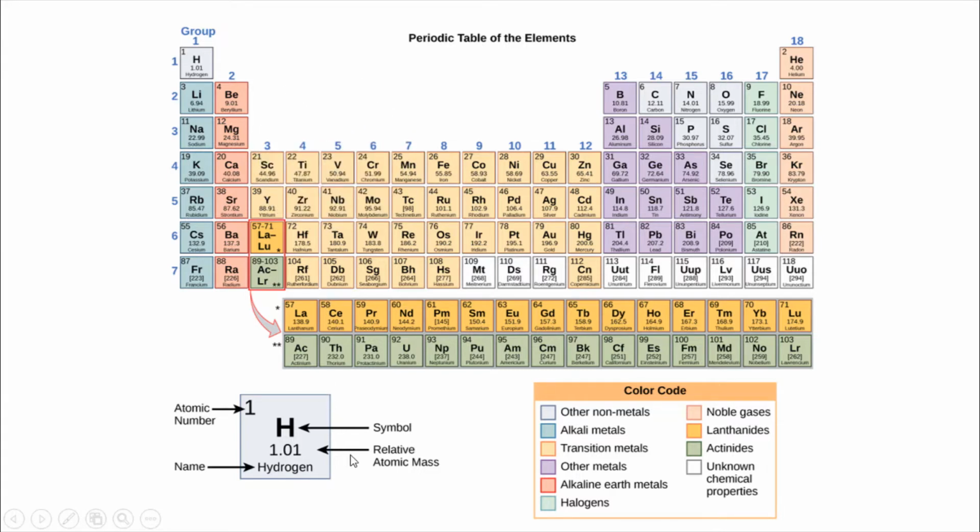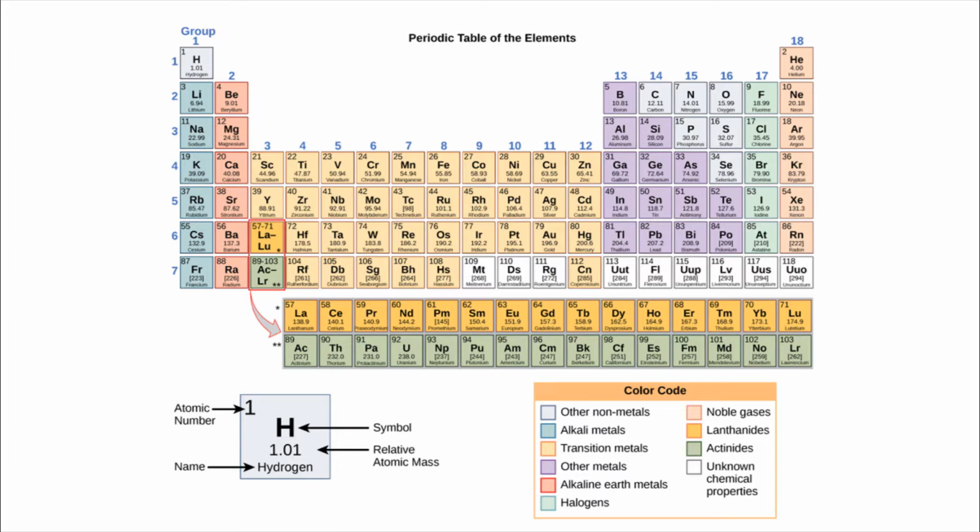Now, when we look at the relative atomic mass for this atom, which is 1.01, let's just forget the 0.01 here and concentrate on the 1. The relative atomic mass is the number of particles that we find in the nucleus.